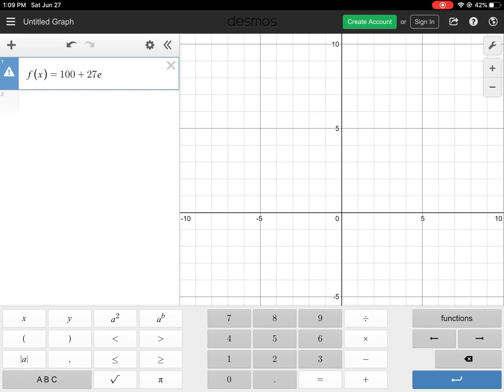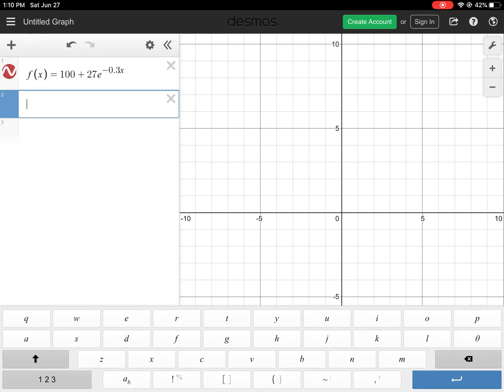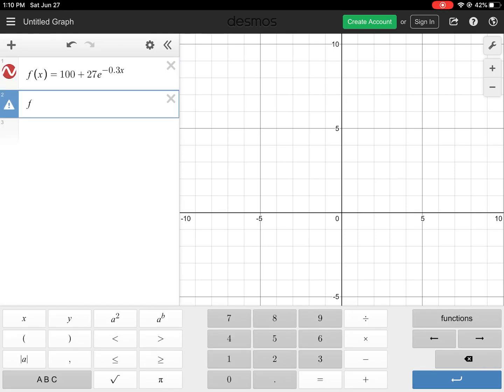And we want to raise that to the negative 0.3x. Now we want to evaluate this derivative when x is 1. And so that's 120.002, so we'll round that to 120.